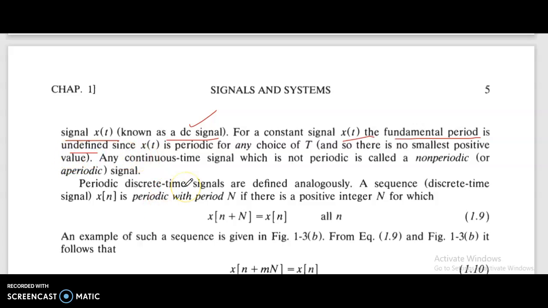For a constant signal x of t, the fundamental period is undefined, since x of t is periodic for any choice of T, and so there is no smallest positive value. Any continuous time signal which is not periodic is called non-periodic or aperiodic signal.